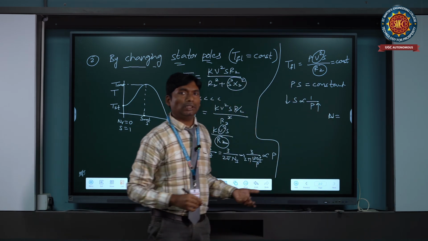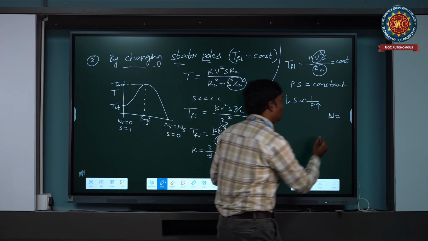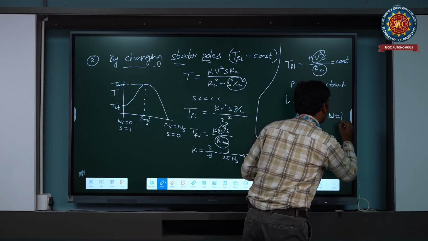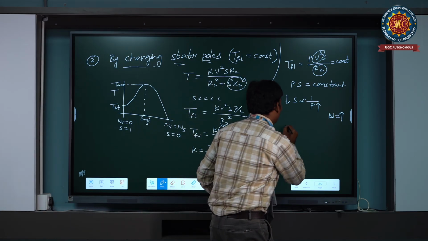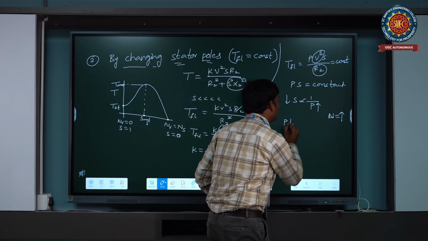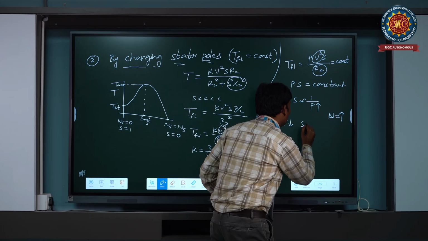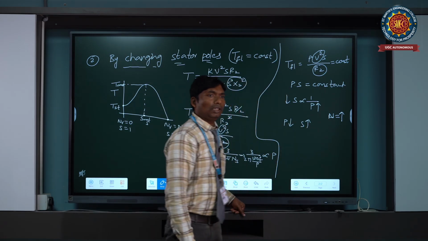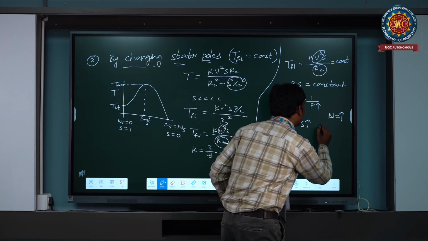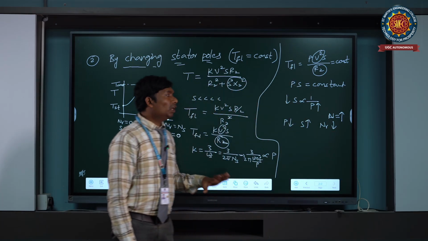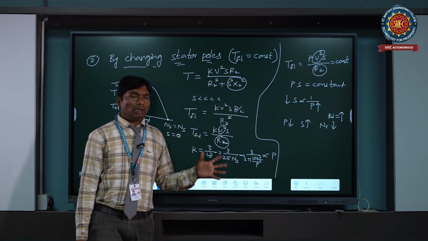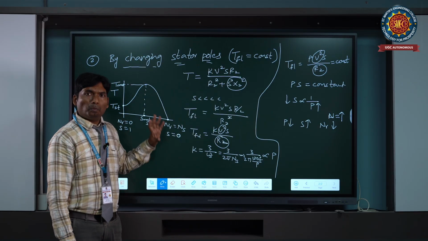If slip decreases, the speed of the induction motor will increase. If the number of poles decreases, slip will increase. When slip increases, the speed of the induction motor will be reduced. So in this way, we can control the speed of the induction motor by the pole changing method.